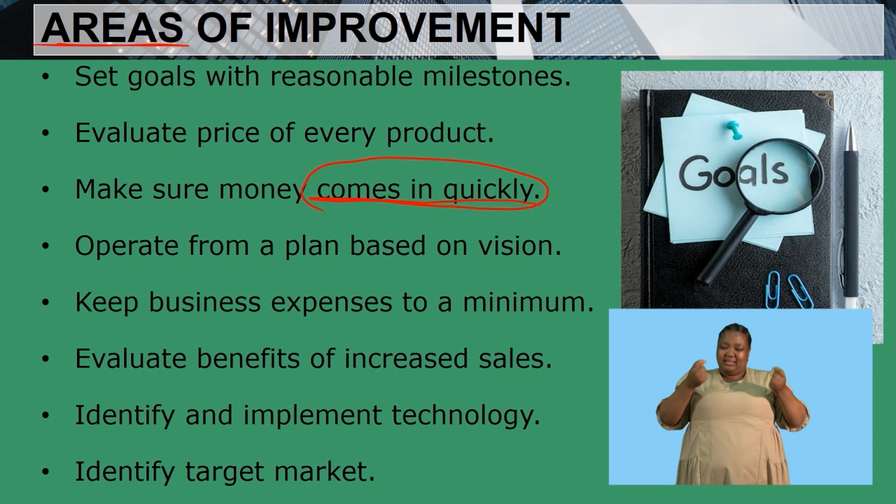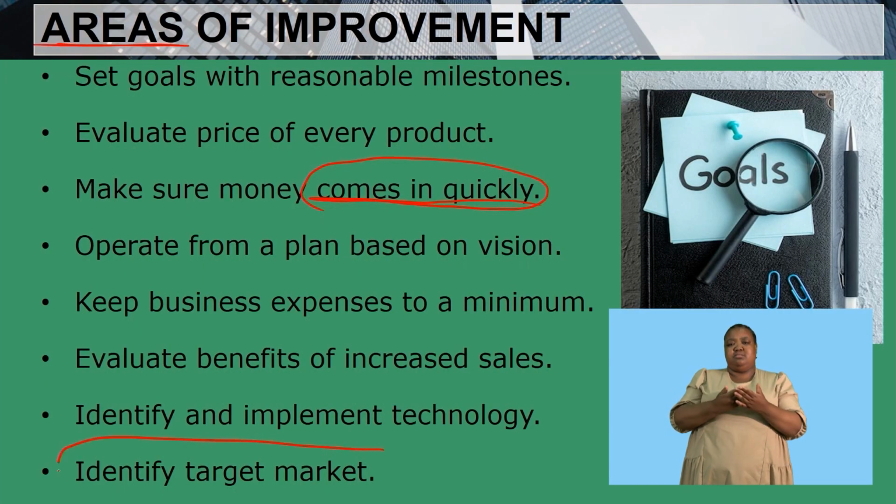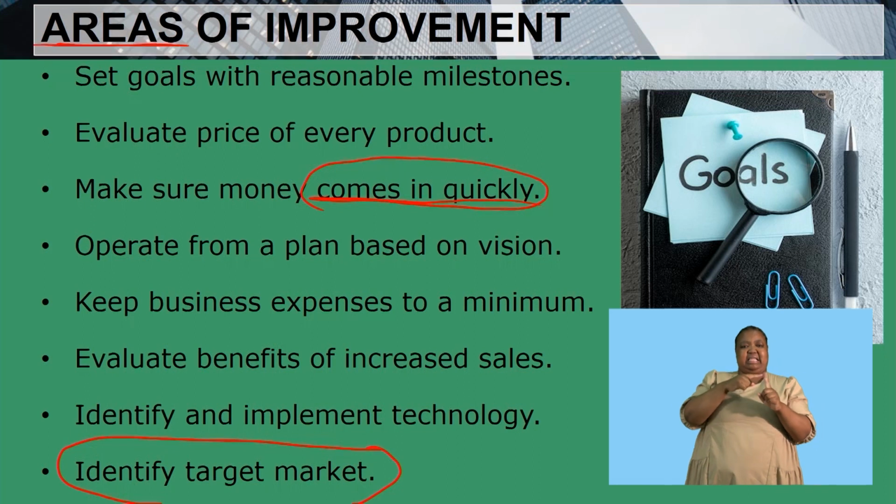Remember, grade 11s, that when you are running a business, you are running it to make a profit. You need to come up with strategies that make sure that whatever you are selling or whatever service you are offering brings you money in quickly so that you can cover all your expenses. You must also be able to identify your target market. This will help you to know who you are selling to, where the people that you are selling to are, and how you are going to deliver the product.